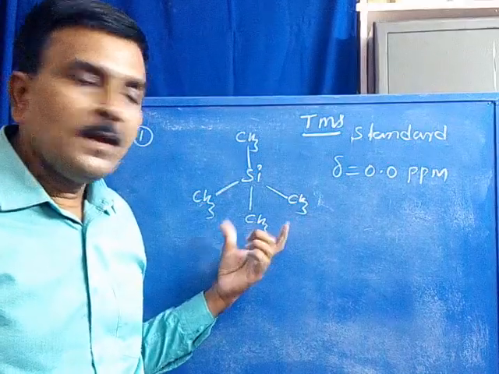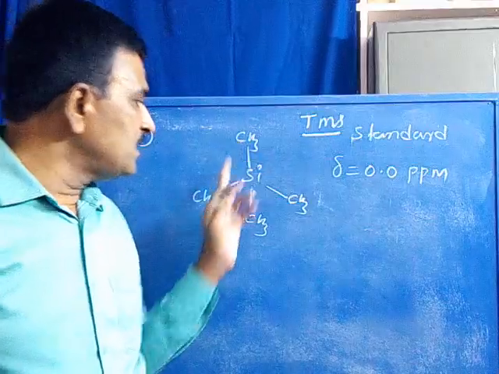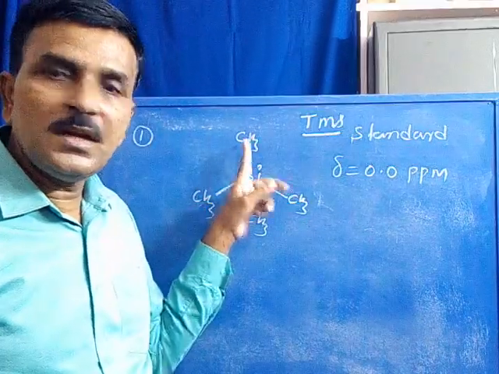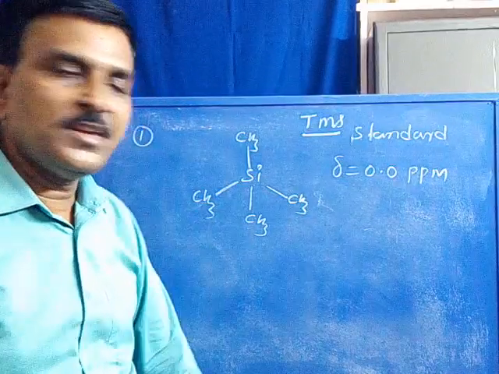tetramethylsilane has a tetrahedral geometry, that is, it consists of 12 equivalent protons. The first CH3 is equal to the second CH3, equal to the third CH3 and the fourth CH3.